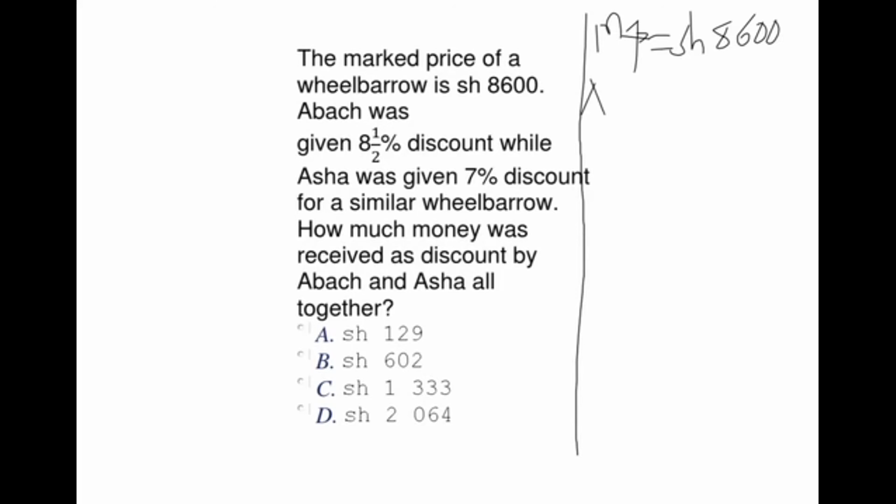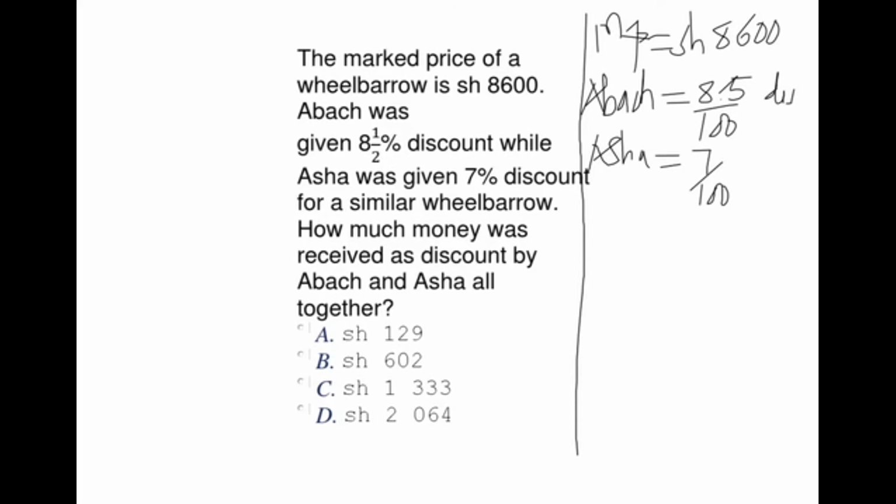A batch was given 8.5% discount, then Asha was given 7% discount. We want to know the total amount of discount given to a batch and Asha.